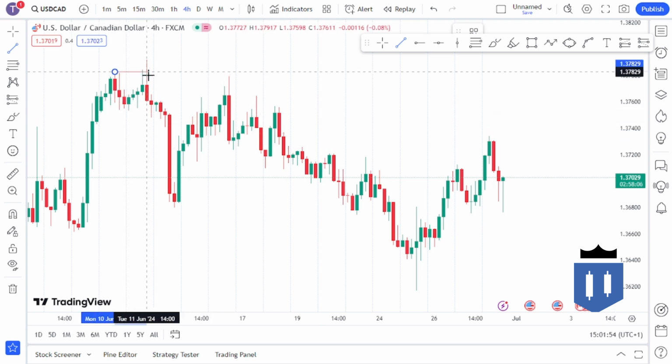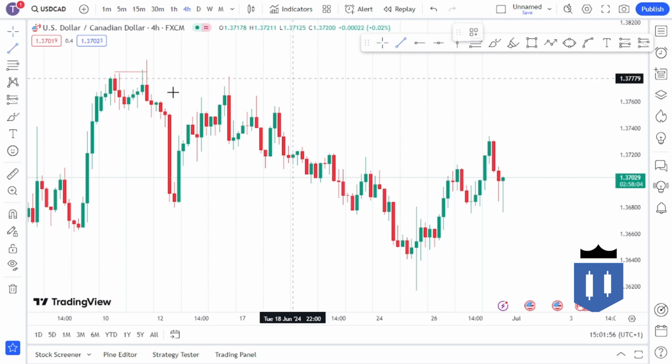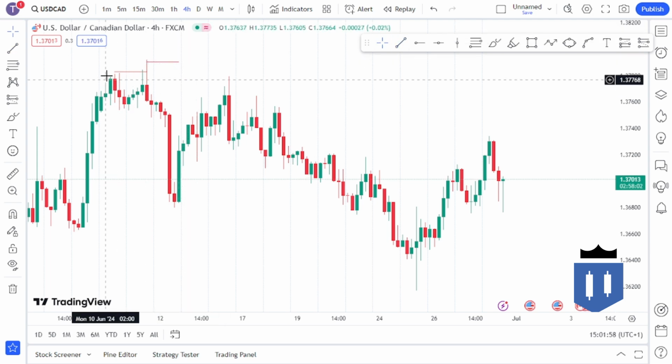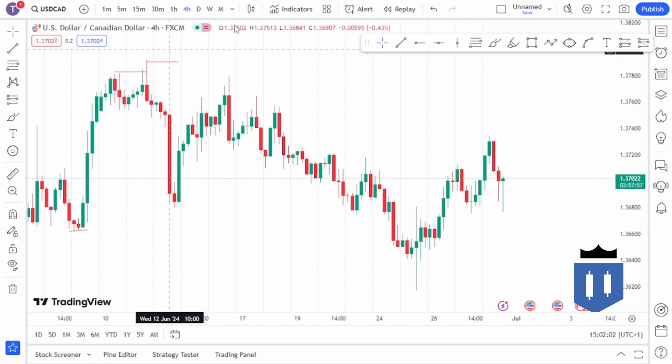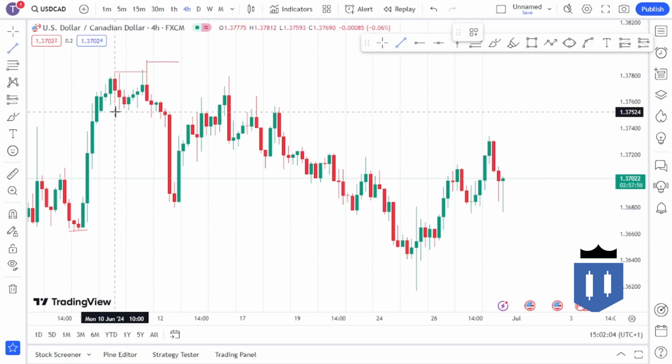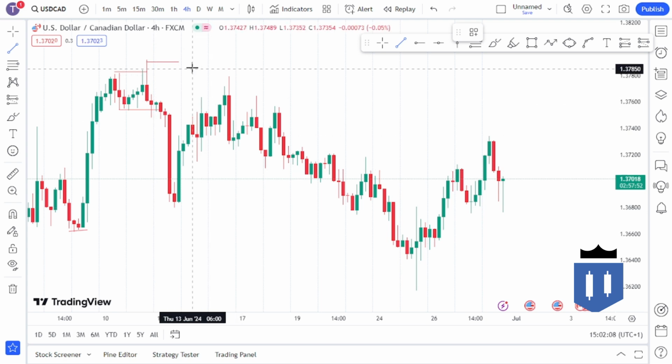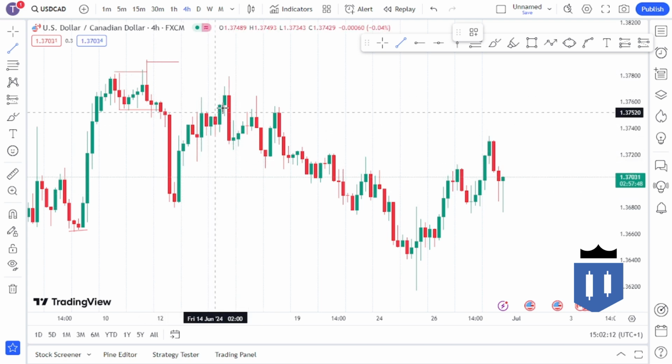We had a new high, this high. What was the low that caused it? This low. So the price is retracing, and we have some series of lower highs and lower lows here.